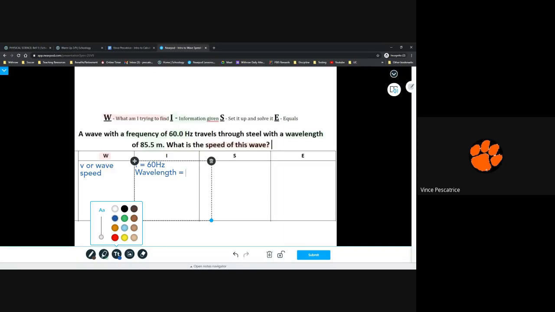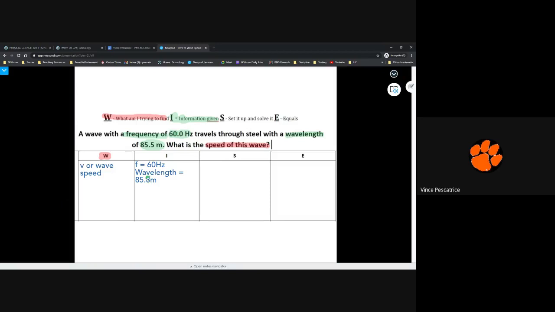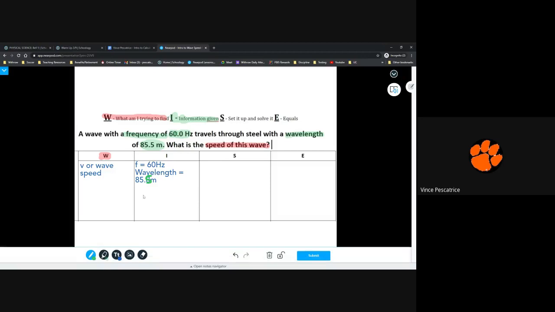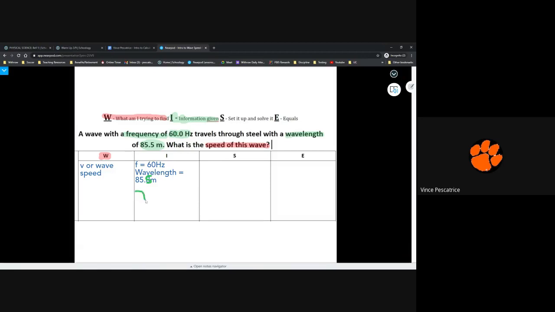Wavelength is equal to 85.5 meters. If you want to write it, it would look like this. Oops, I did that wrong. Should be a 5, not an 8. So it'd be an upside down Y is how you write it.